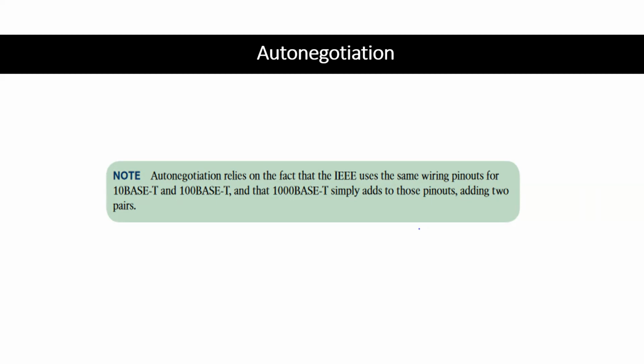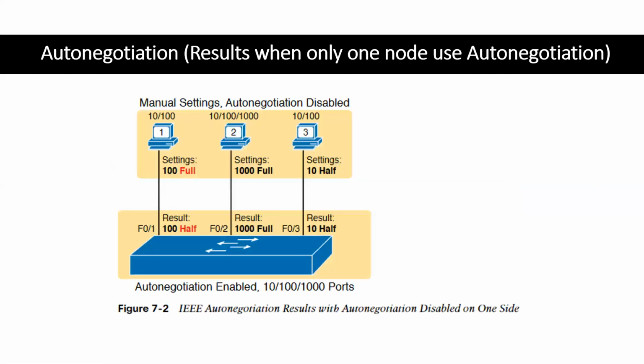That's the highest speed that it references based on these names. Of course, they could support lower speeds, but the highest speed is going to relate to the name. So 100BASE-T can support, of course, 10 and 100. 1000BASE-T can support 10, 100, and 1000 megabits per second, aka 1 gig. And what it does is it simply adds those pinouts, adding 2 more pairs. All right, let's keep going.